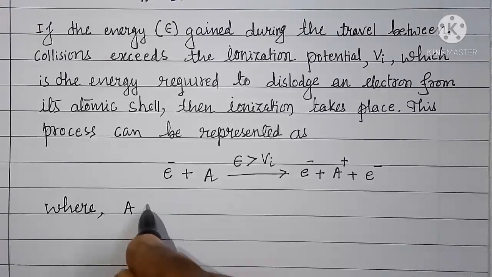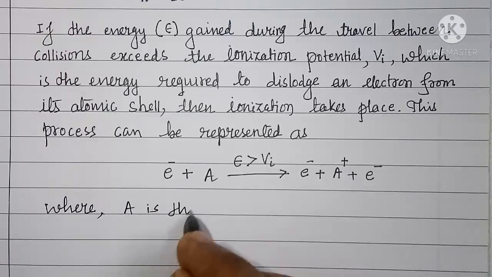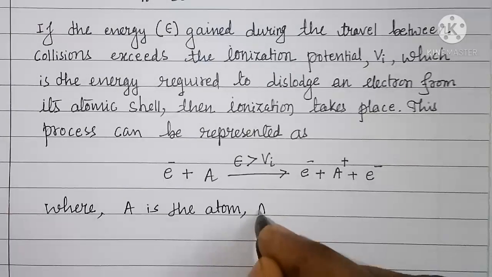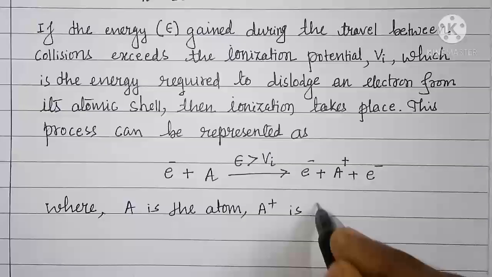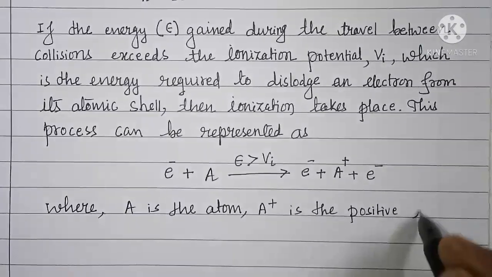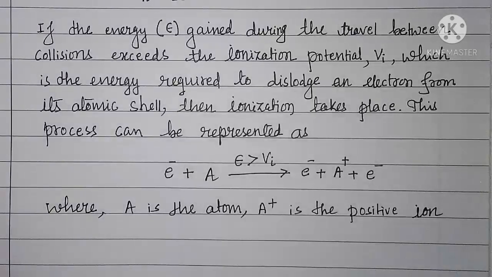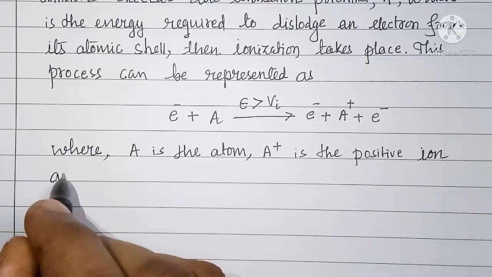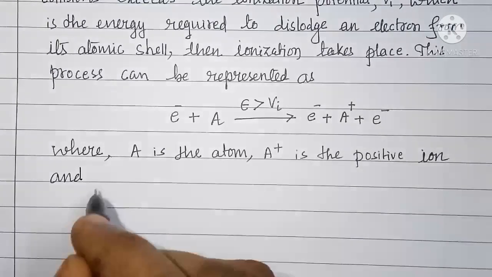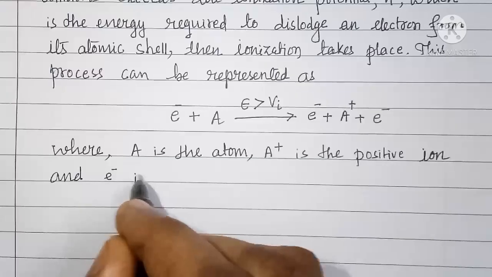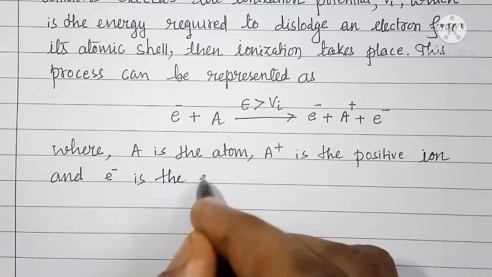Where A is the atom, A plus is the positive ion, and E minus is the electron.